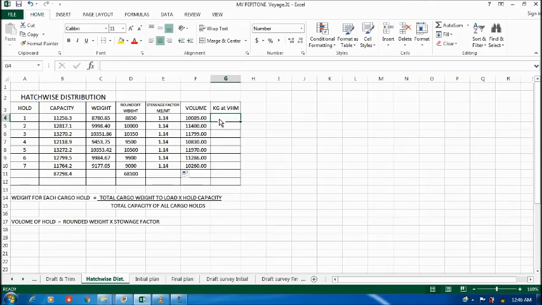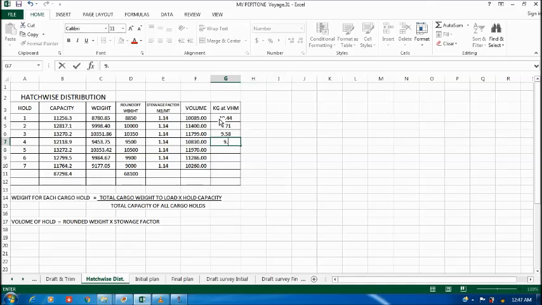And we're going to put the KG at volumetric heeling moment, or VHM, which gives us 10.44, 9.71 meters. Cargo hold number 3 is 9.58 meters.